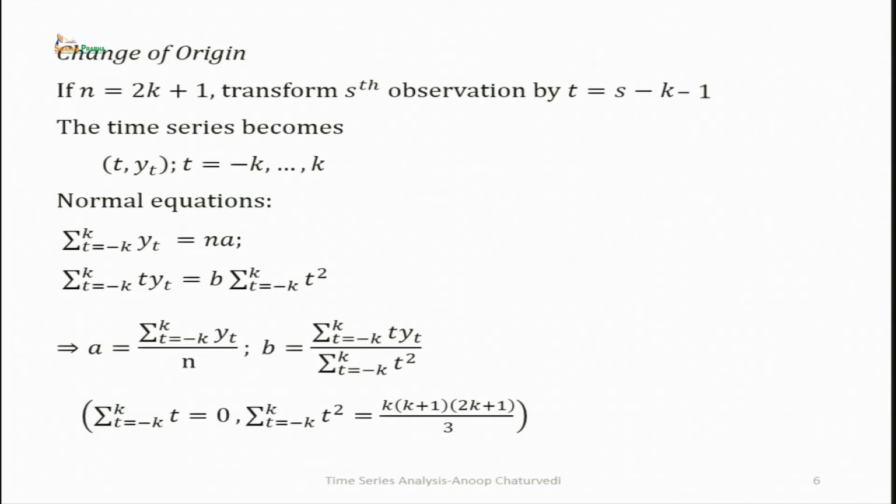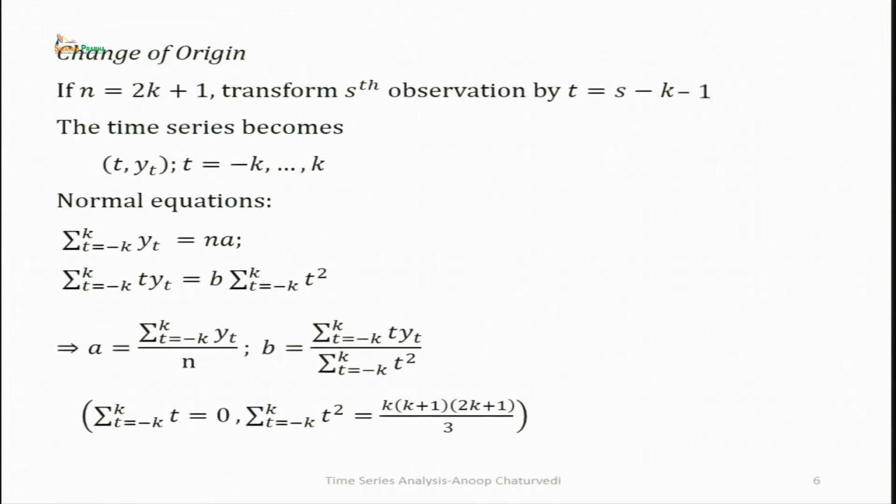Now, you transform the sth observation by t equal to s minus k minus 1. Then the time series becomes t, y t, and the range of t is from minus k to k.